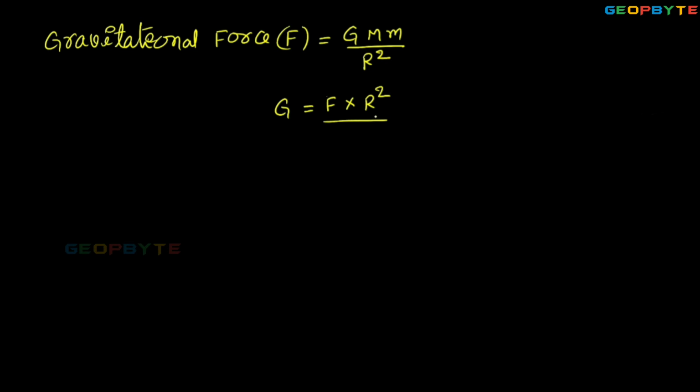Gravitational force F equals G m1 m2 by r square, where G is the gravitational constant. Therefore, the gravitational constant G equals force multiplied by the square of the radius, divided by m into m, which I can write as m power 2.